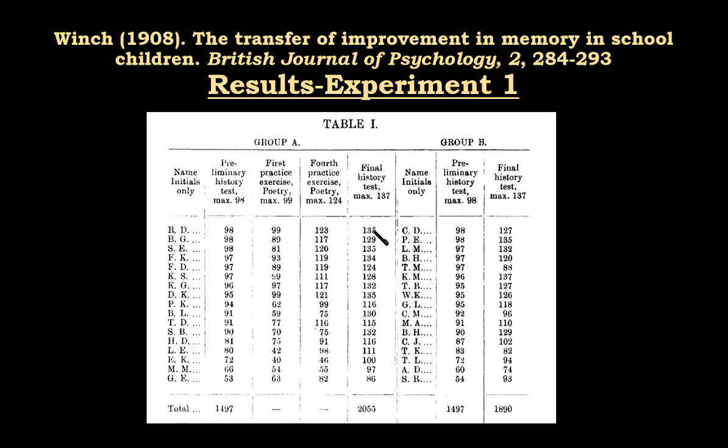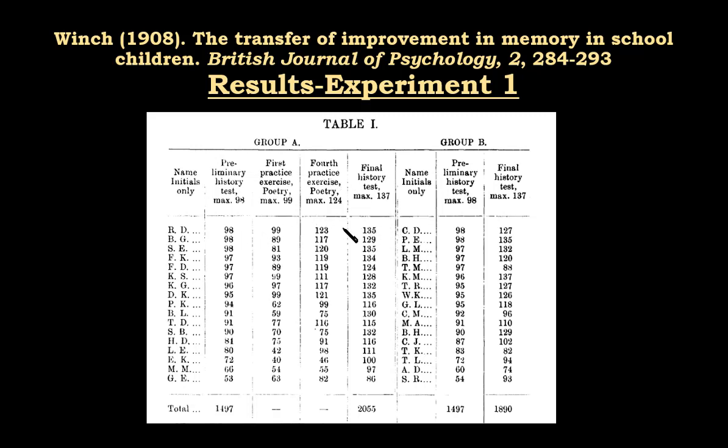These are the results we want to compare. So look at the presentation of the data. First of all, the maximum is 137. That changed from 98 in the preliminary history test, because the number of words in each text is different.